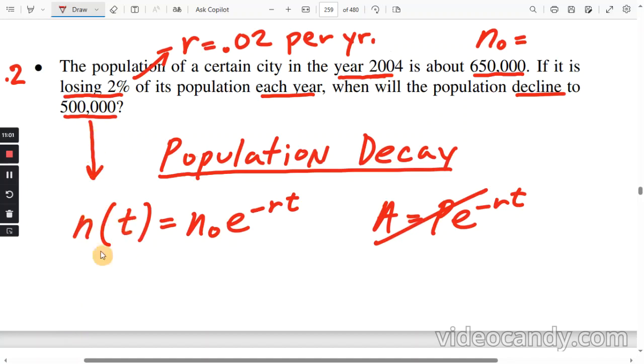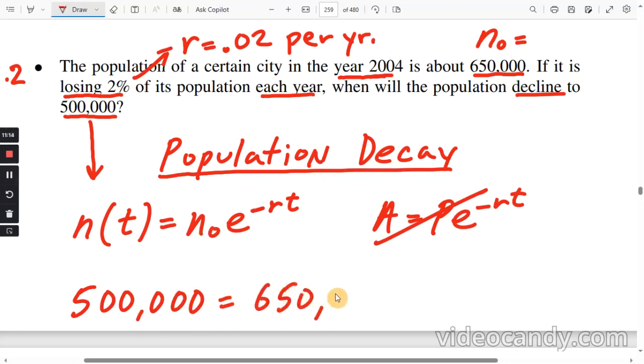All right, so n of t, that's 500,000. And that equals n of 0, your starting population, 650,000. And that's times e to the negative r, which is 0.02, and times t. So they're asking when will, so we're basically solving for t. So it's negative 0.02 times t.